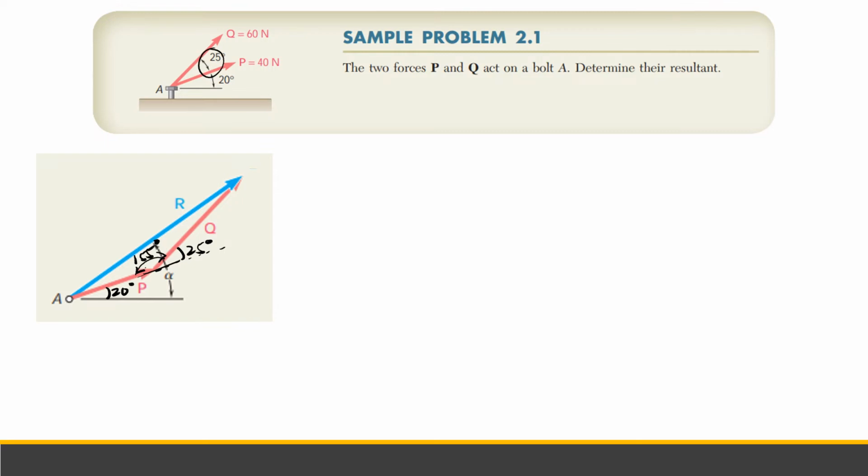Okay, so now that the two sides and the included angle are known, P is 40 and Q is 60, we can apply the law of cosine.